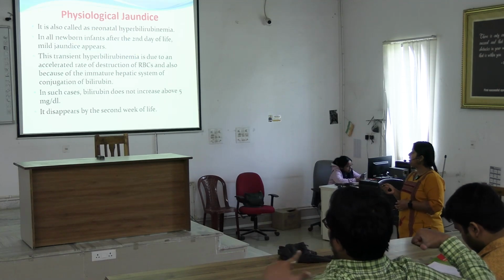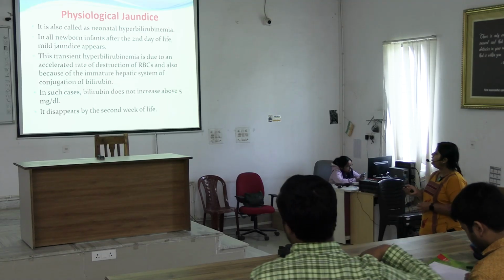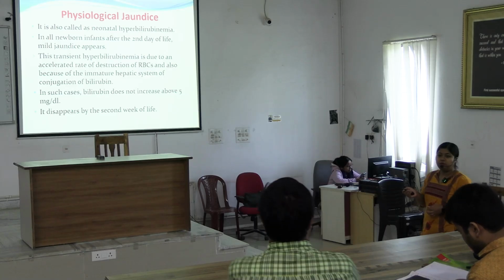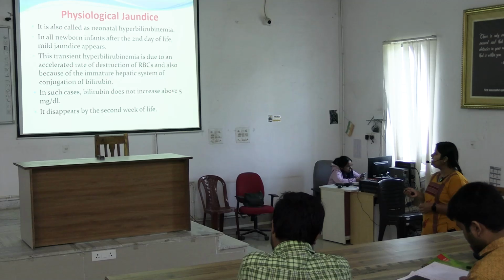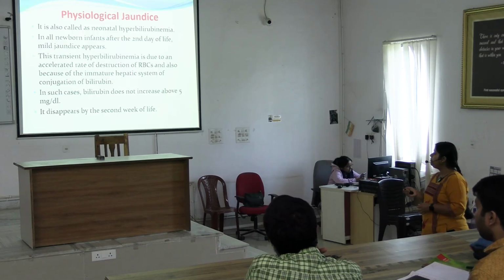Now come to physiological jaundice. It is also called neonatal hyperbilirubinemia. In all newborn infants after the 2nd day of life, mild jaundice appears. Why? The transient hyperbilirubinemia is due to an accelerated rate of destruction of RBCs, and also because of the immature hepatic system of conjugation of bilirubin.